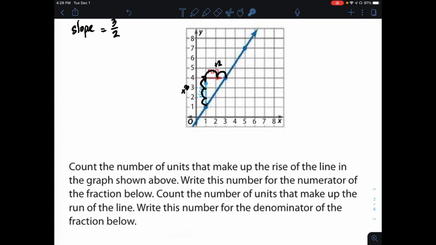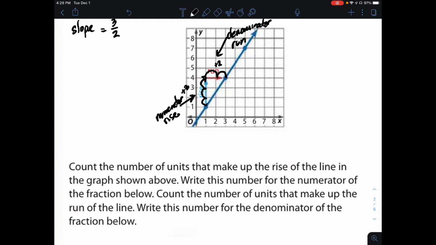So this is your numerator, and this is the same as your rise, and this is your denominator, which is the same as your run.